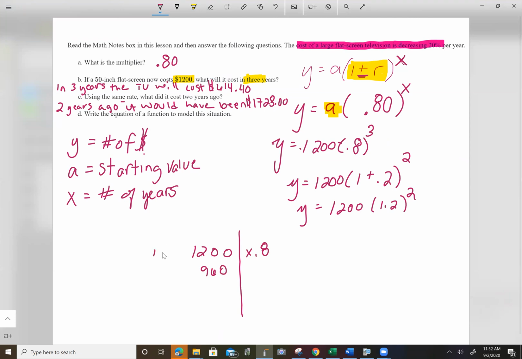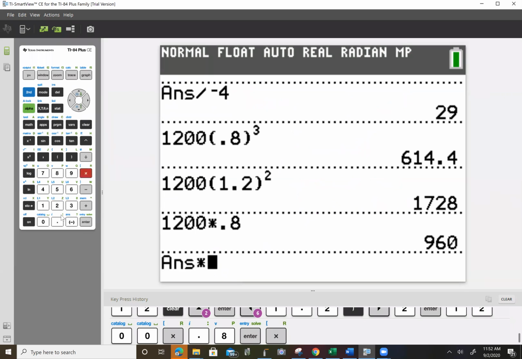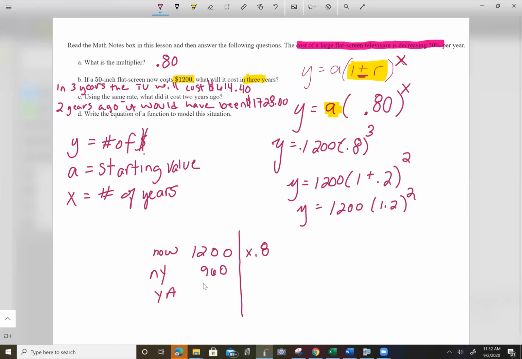Okay, so this is next year, and then the year after would be 960 times 0.8, 768.